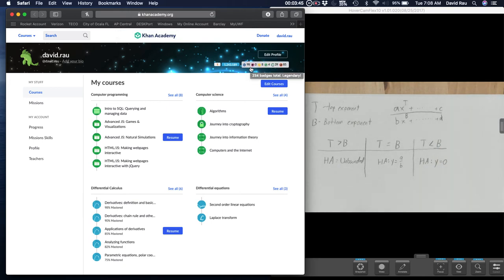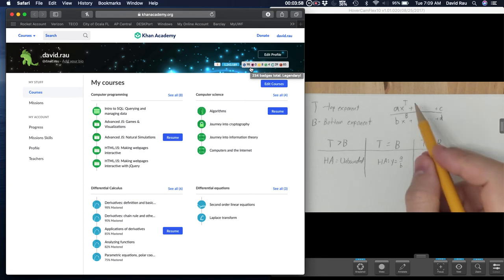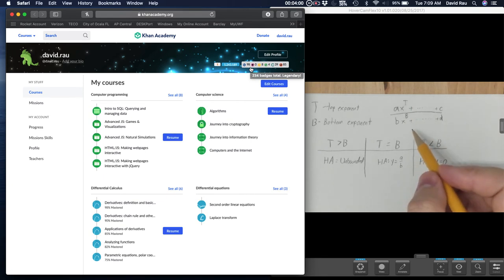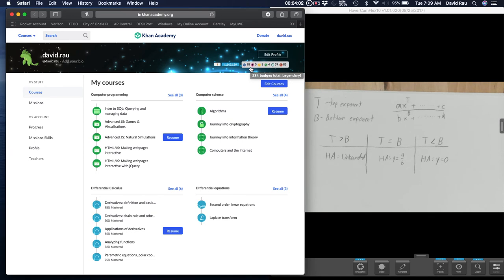Okay, now before we get to the assignment, I want to explain this a little bit more in depth. What this really has to do with is something called growth rates. And what I mean by that is, the highest exponent is going to determine how things grow. Let's do an extreme example here.